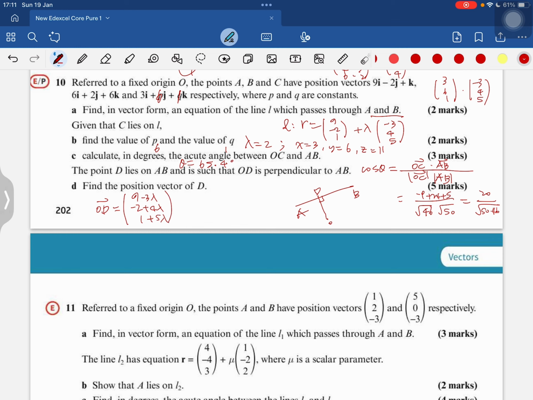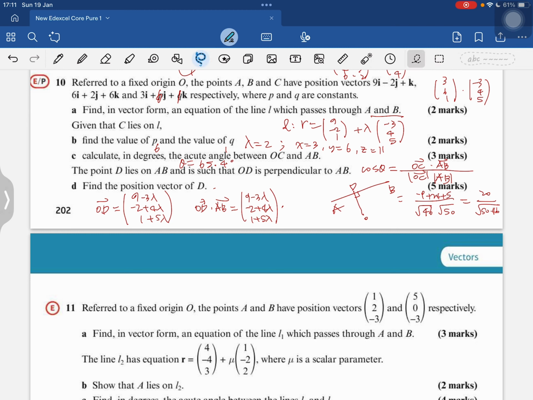This is OD. So when it's perpendicular, OD dot AB equals (9 minus 3 lambda, negative 2 plus 4 lambda, 1 plus 5 lambda) dot AB. Now we know what AB is, negative 3, 4, 5. It should be 0 because it's perpendicular.